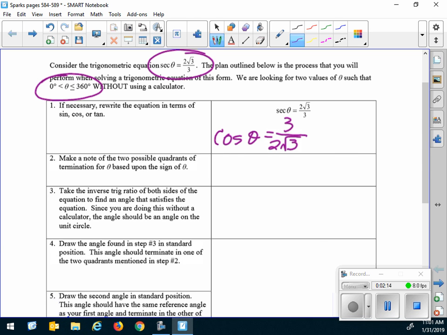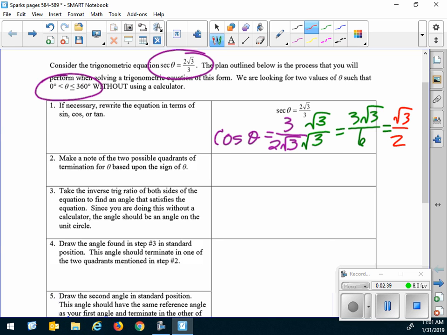You look at that cosine and think, well, I don't know anything about that. Let's rationalize it. If you rationalize it, what are you going to have to do? What do you get? 3 root 3 over 6, which simplifies to root 3 over 2.